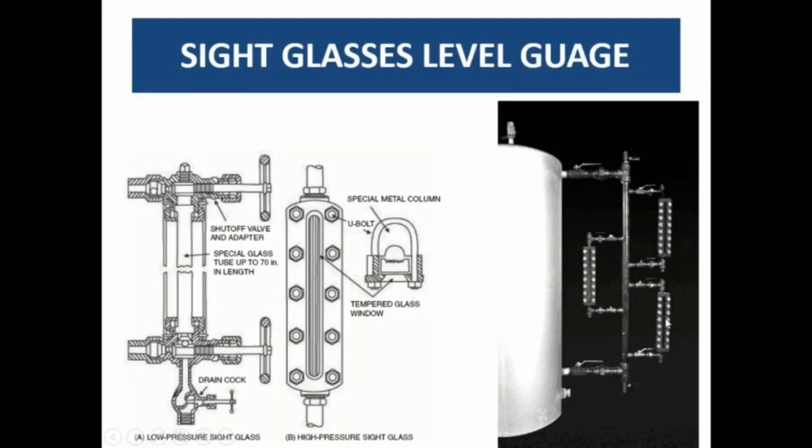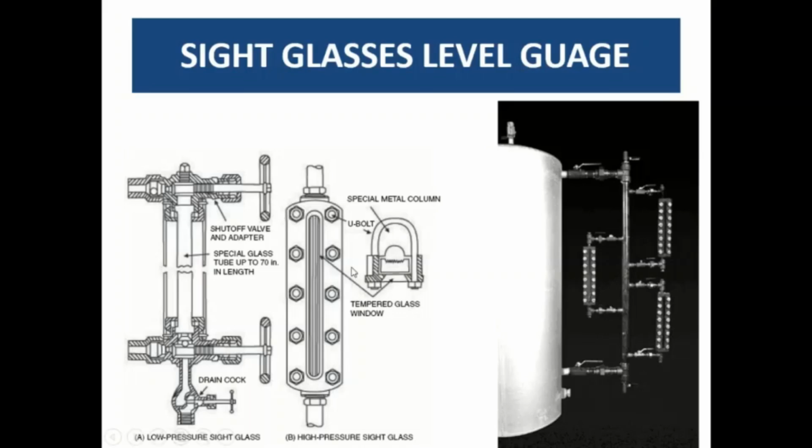The level transmitter will not give you the level in distance-wise height. So this visual glass is just to visualize the level, and normally we calculate it with the help of bolts. This is the main diagram.